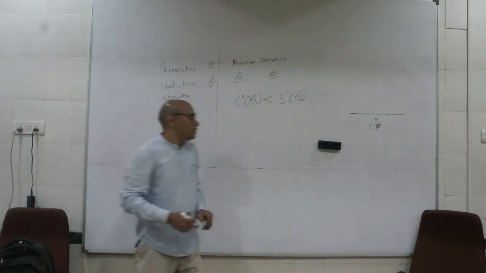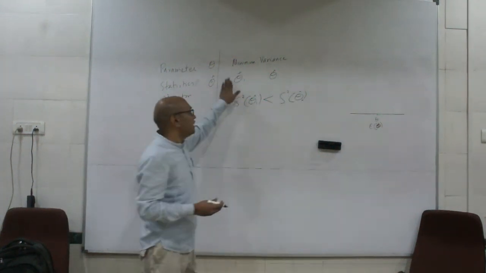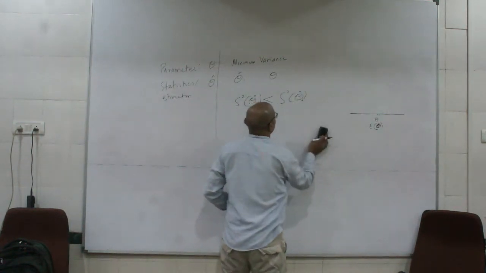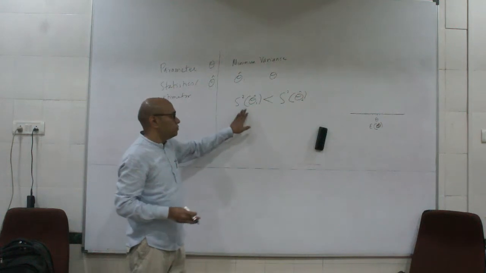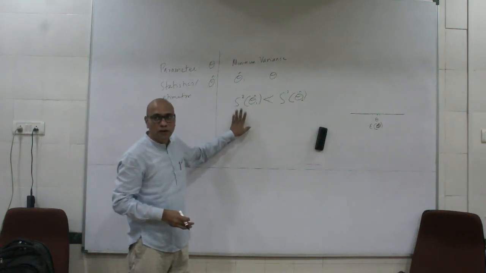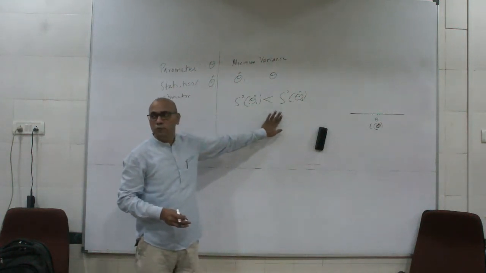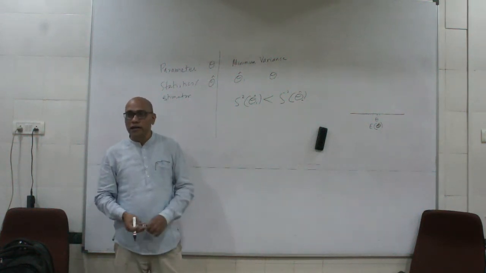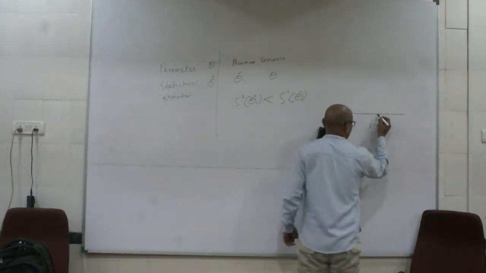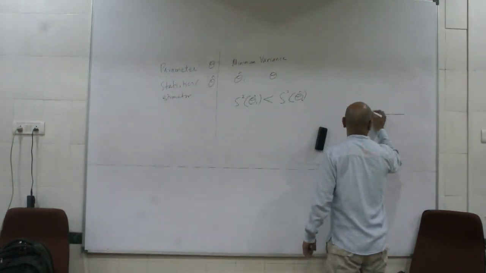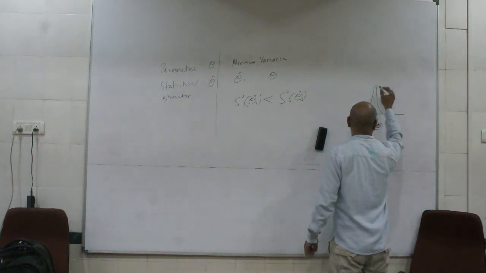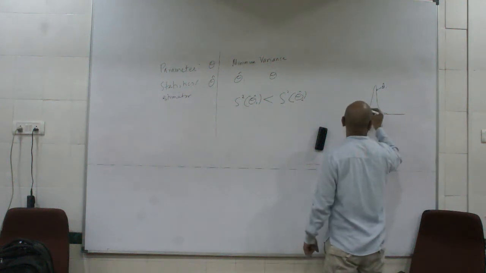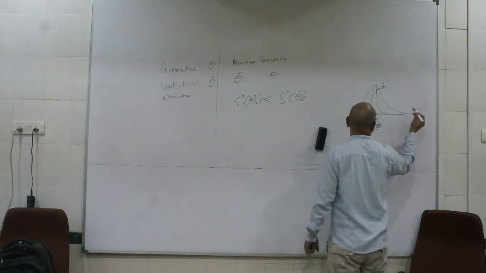Okay? So given theta hat 1 as the estimator of theta, the variance of theta hat 1 has to be smaller than or equal to that of theta hat 2, where theta hat 2 is any other estimator of theta. Now suppose this is theta, this is theta hat 1, and this is theta hat 2.